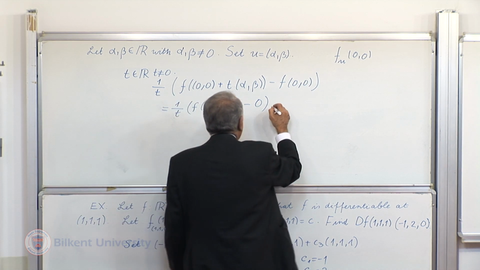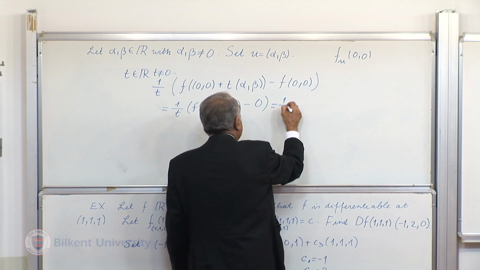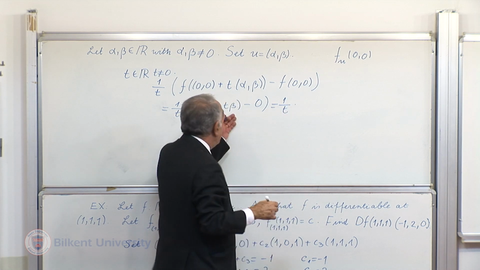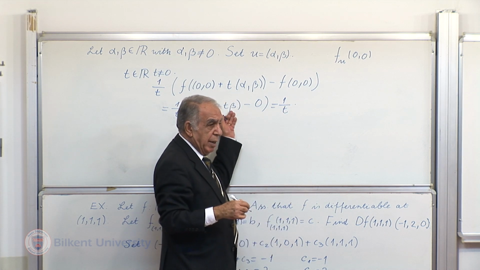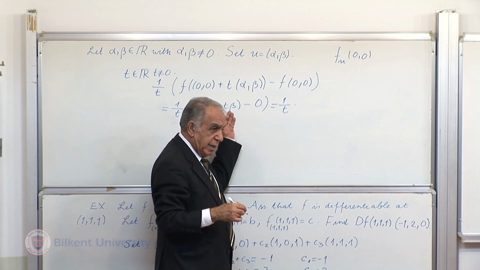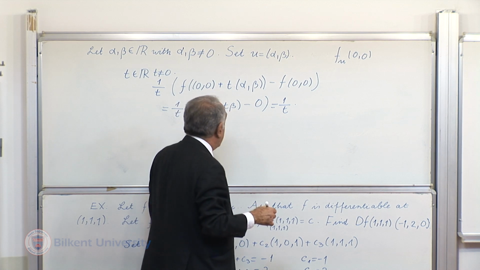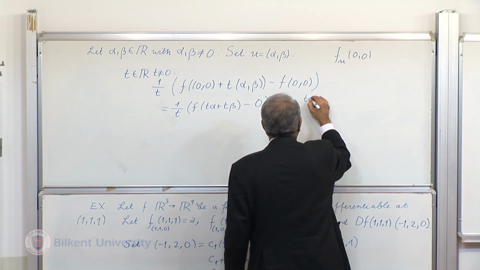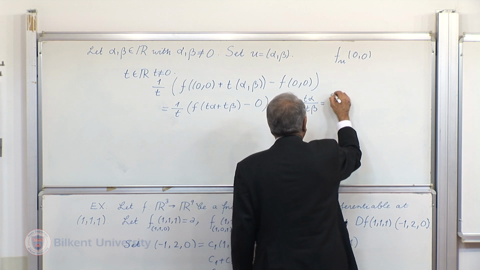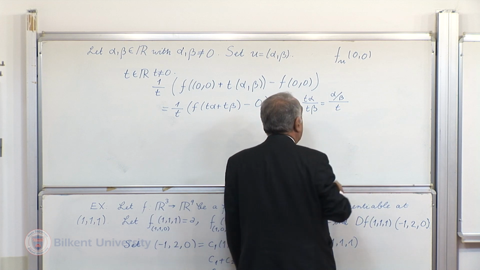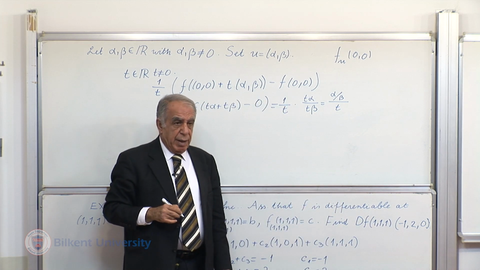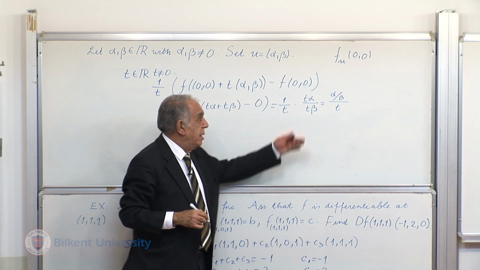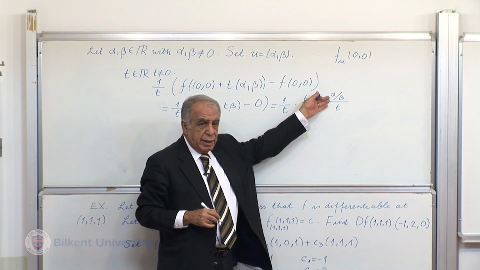But then this will be 1 over t times t beta. Beta is different than 0, t is different than 0, so it will be different than 0. So it will be t alpha over t beta. But this will be alpha over beta, these t's will get cancelled, divided by t. But now this is a non-zero number.